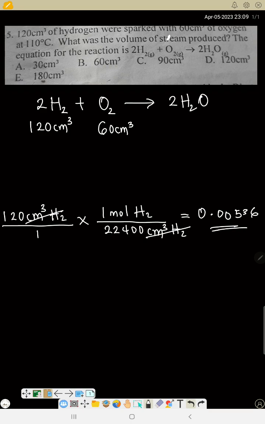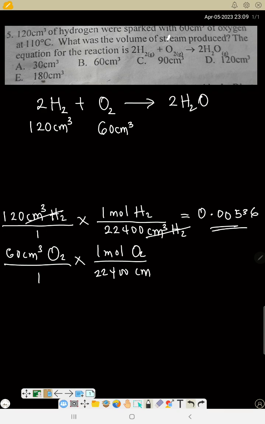Now what of oxygen? 60 centimeter cube of O2 over 1 times 1 mole of oxygen gas will give us 22400 centimeter cube of oxygen gas. So this will cancel out. Now 60 divided by 22400 will be 0.00268 moles of oxygen.